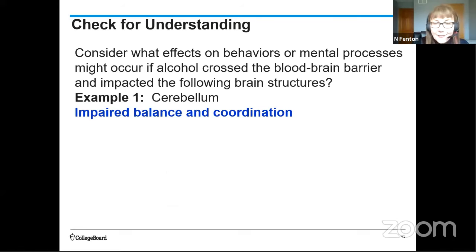Okay, so with the cerebellum, first of all, alcohol is a depressant, so it's going to slow down central nervous system activity. So if alcohol crosses the blood-brain barrier and it slows down or depresses the cerebellum, the observable behavior might be a lack of balance and coordination. You might see someone potentially stumble or fall.